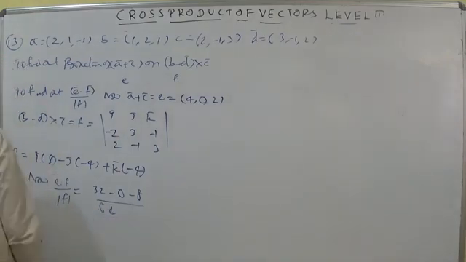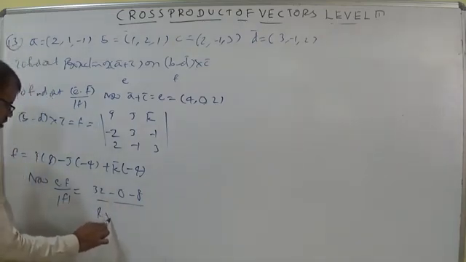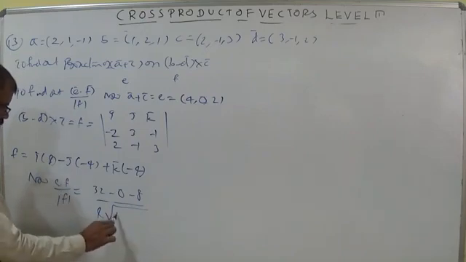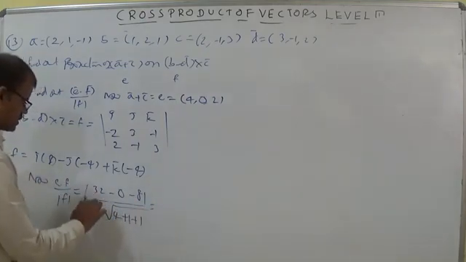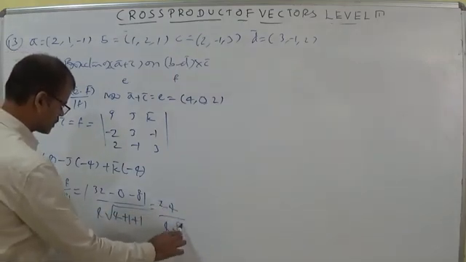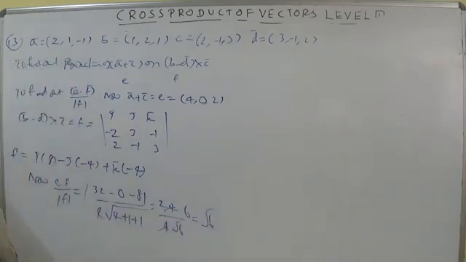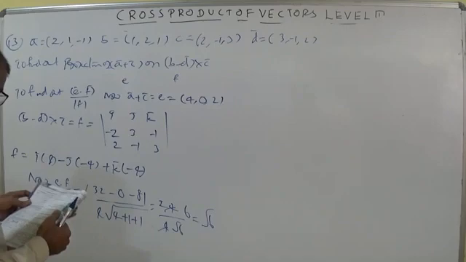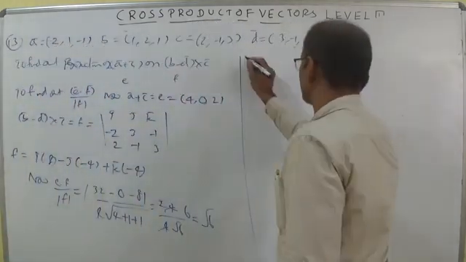Let us take common 4, it is better. 4 taken common, it becomes 2, it is 4 plus 1 plus 1. 32 minus 8, 24. 24 by 4 root 6, this is 6 times, so root 6 is the answer. Root 6, correct, third option. Next, let us discuss about 14th question.